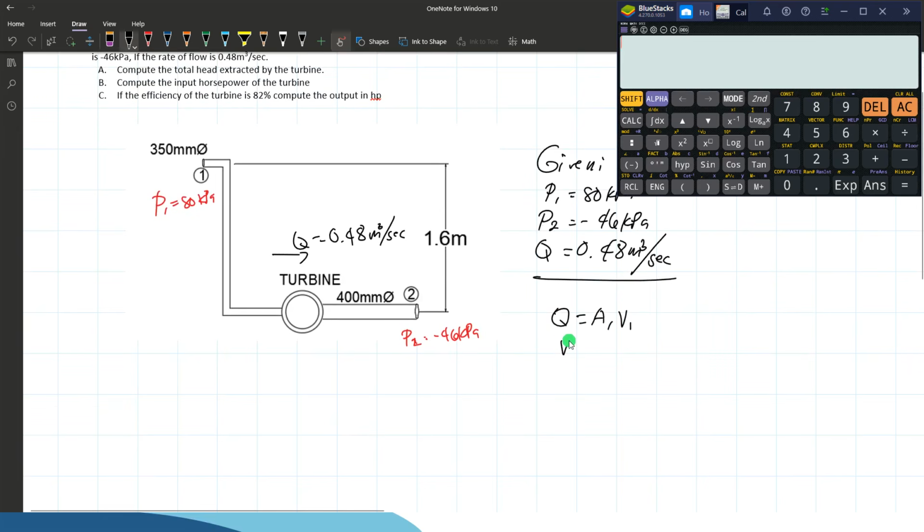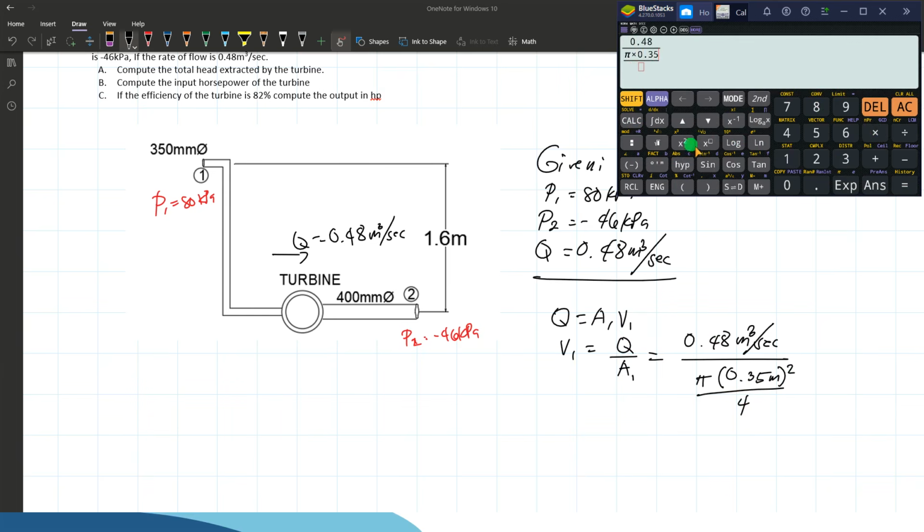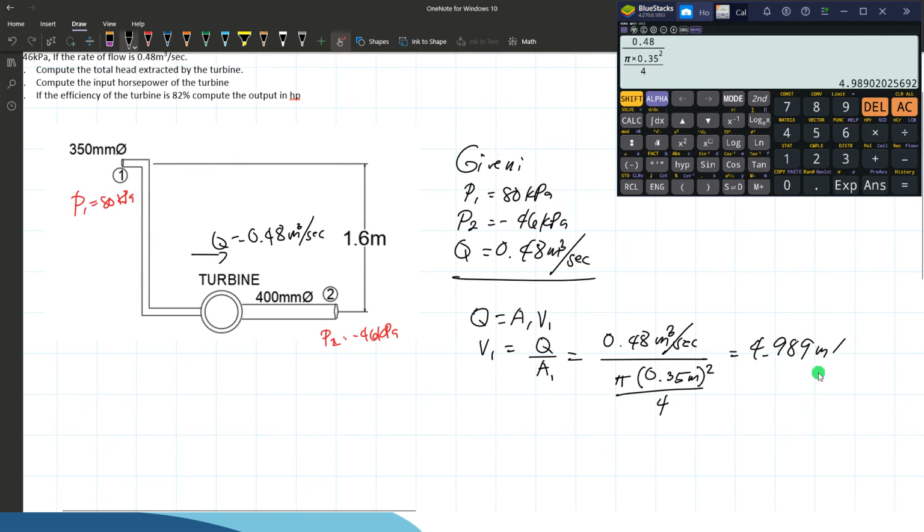The velocity equals Q over A. So for point 1, 0.48 cubic meter per second divided by area, pi d squared over 4, with diameter 350 mm, so 0.35 meters. That's 4.989 meters per second.